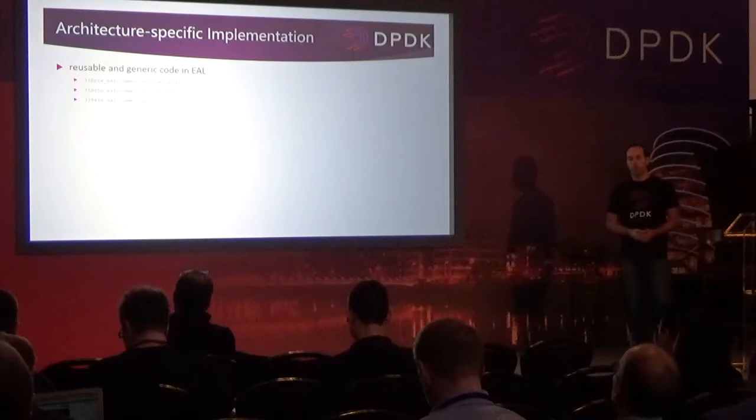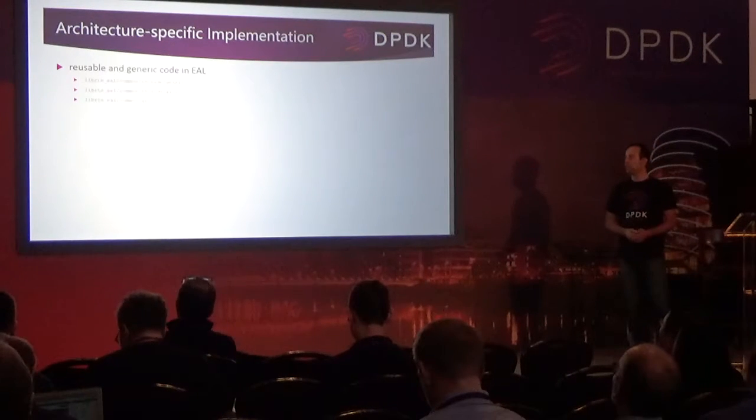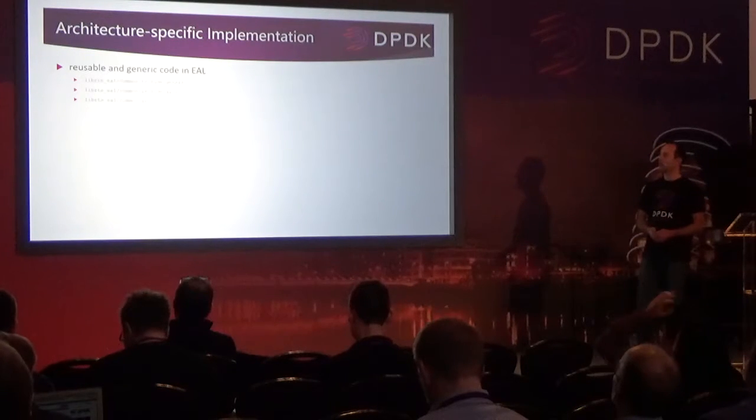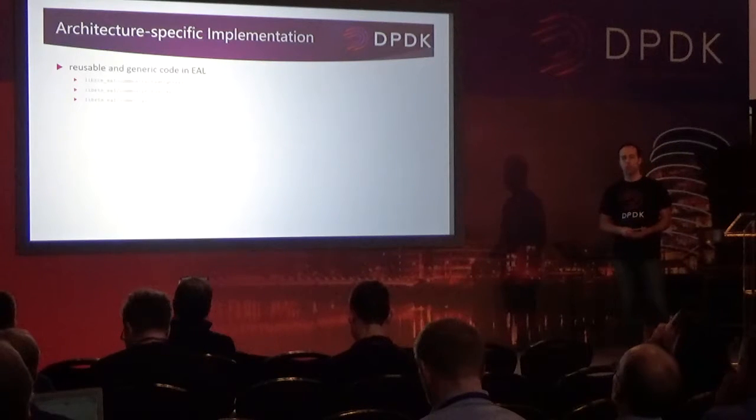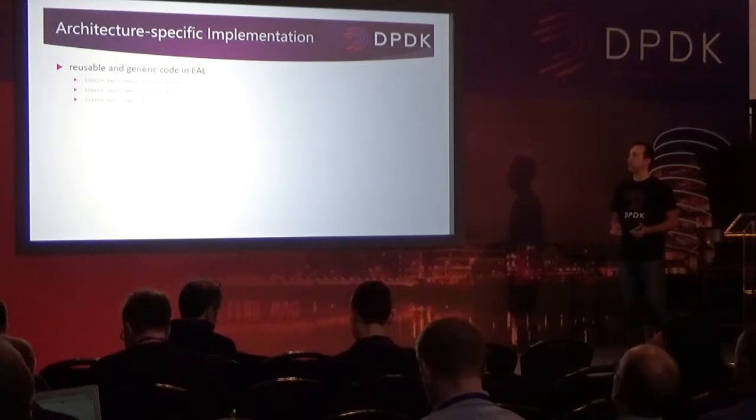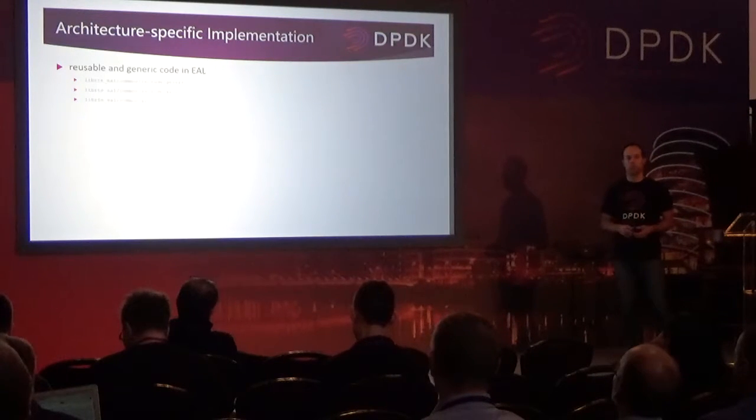So how are we supporting several architectures in DPDK? There are several ways to do it. First, if you want to implement a function which is basic, reusable for every library, you have to put it in EAL. EAL is Environment Abstraction Layer.